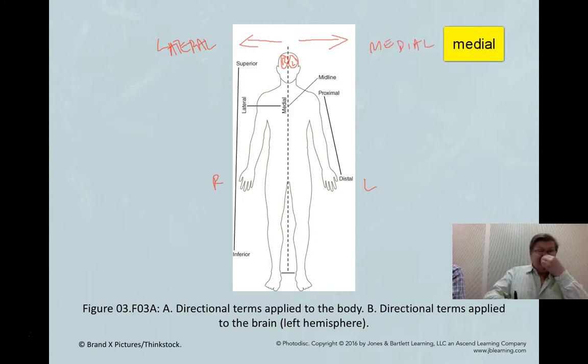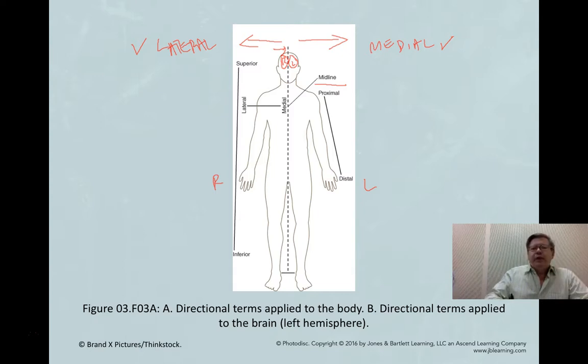Now, medial, you can see here, is any structure that is close to the midline. So all structures that are away from the midline are lateral. All those that are coming closer into the midline we call medial.